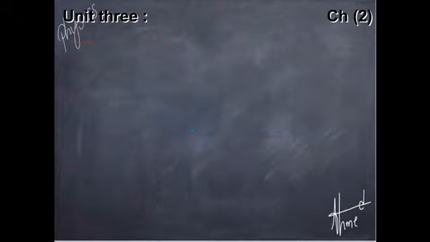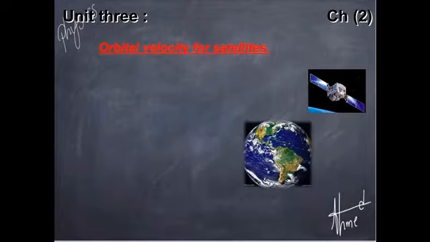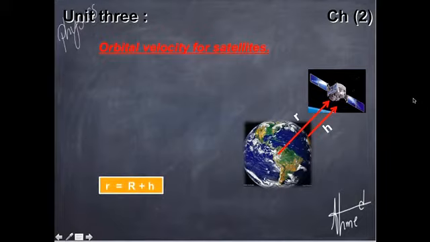How do we calculate the orbital velocity of satellites? Knowing that this is the total distance, and this is the height between the Earth and the satellite, R equals r plus h. The force equals m v squared over r.